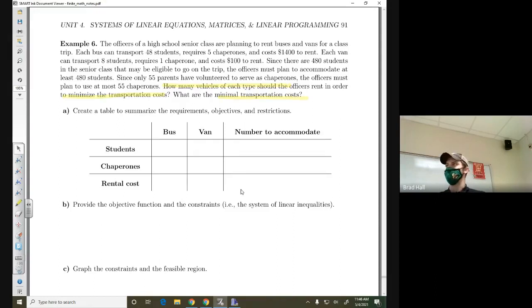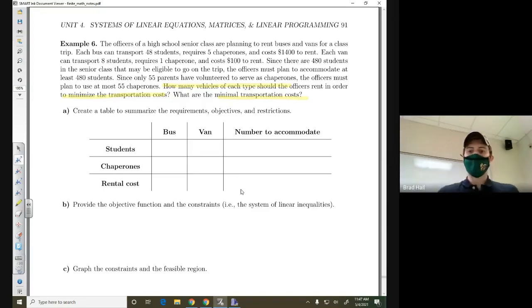So they don't give you this table. But if anything, I'm giving you this as a template. Because we do need to ultimately convert all of these numbers to a table. And then from that table, we need to convert to the objective function and all of those inequalities.